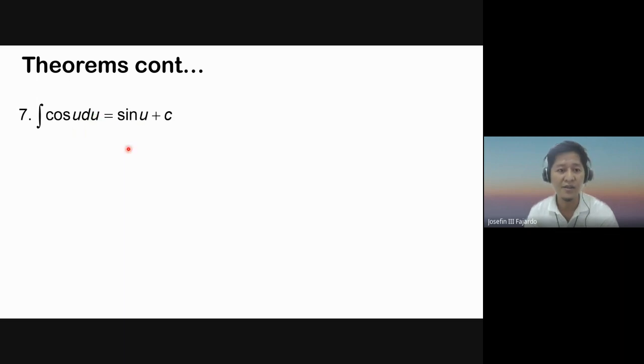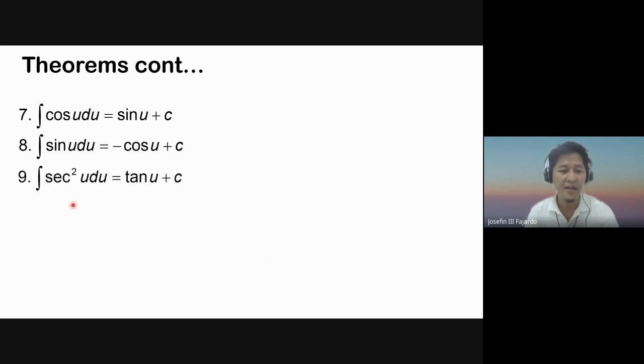Malinaw yan, ha? Anyway, we have an example of that later. For the sine function, the integral of sine u du is negative cosine u. The integral of secant square u du is tangent u plus c.